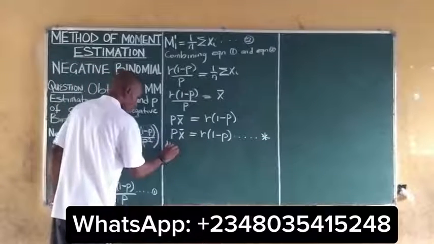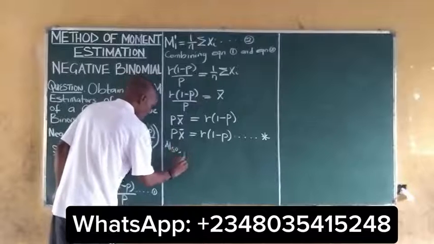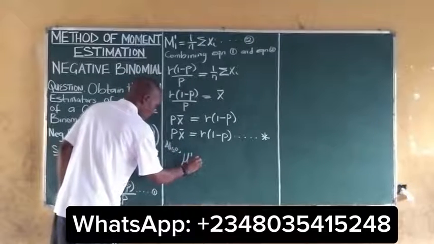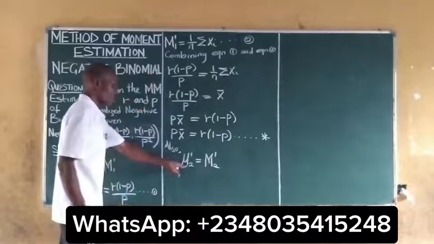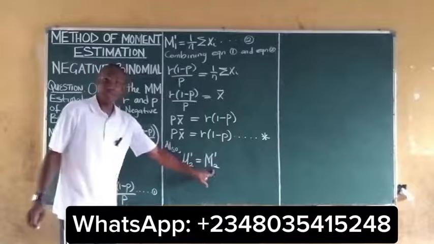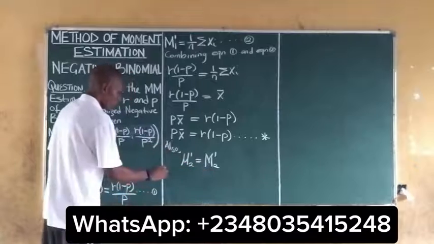Also, for the method of moment, the second moment, we have this. This is the population mean, while this is the sample mean.